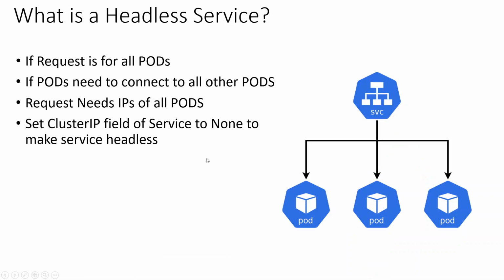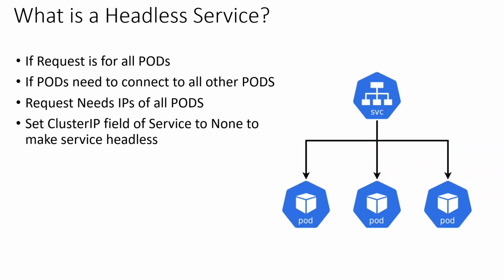Now let's see what a headless service is. Each connection to the service is forwarded to one randomly selected backing pod in case of a regular service. But what if the client needs to connect to all of those pods, and what if the backing pods themselves need to each connect to all the other backing pods within the same cluster? Connecting through the service clearly isn't the way to do this.